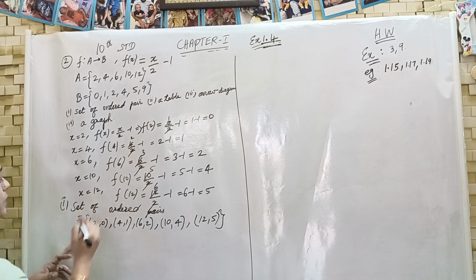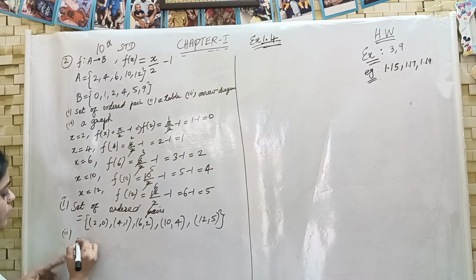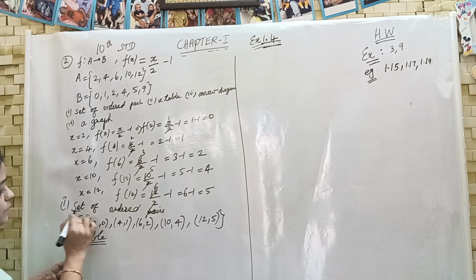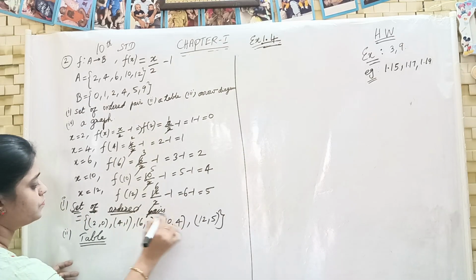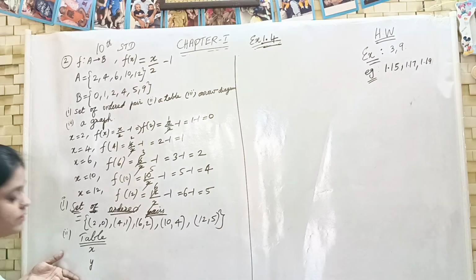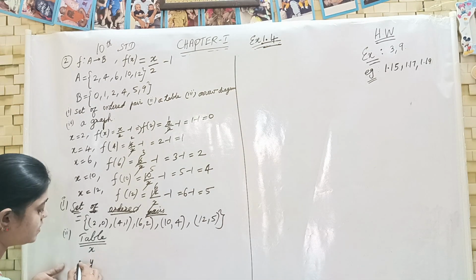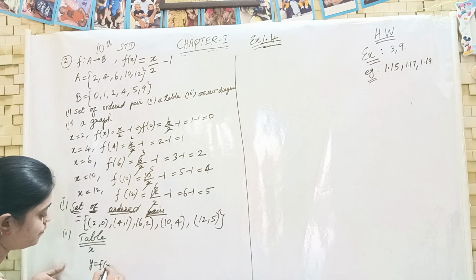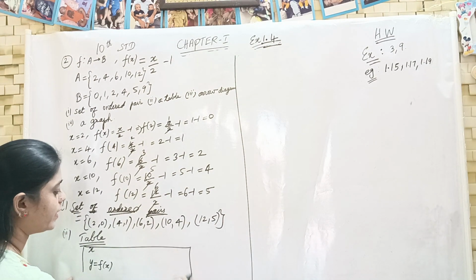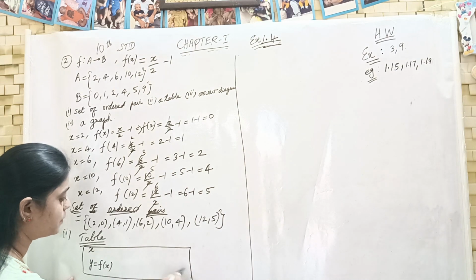So next table. Second one, table. So table means x, y எழுதுறது தான் table. That is y is your f of x. f of x னு சொல்லலாம், y னு சொல்லலாம். So write this as a table.